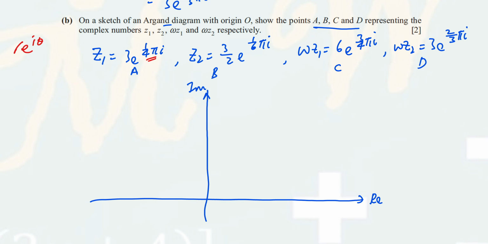So 1/4 pi: we know that here is half pi, so 1/4 pi is in the middle. And the length here is 3. You just measure. Let's say this is 3. And then label the 1/4 pi.